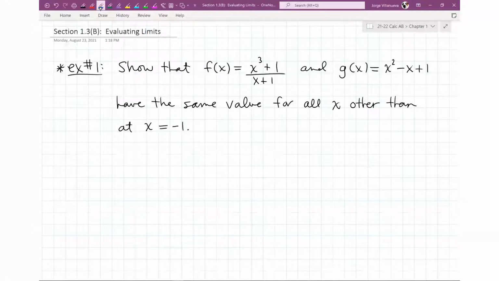Well, the way you show that two functions have the same values for all x is to prove that they're the same, right? So let's start with f of x. So we have f of x equal to x cubed plus 1 over x plus 1.